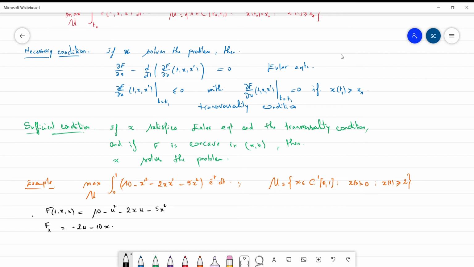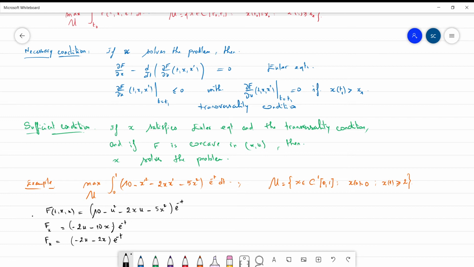Oh, sorry, I forgot something, the factor e to the minus t, so yes, there will be a minus t here. f_u will be (minus 2u minus 2x) times e to the minus t.